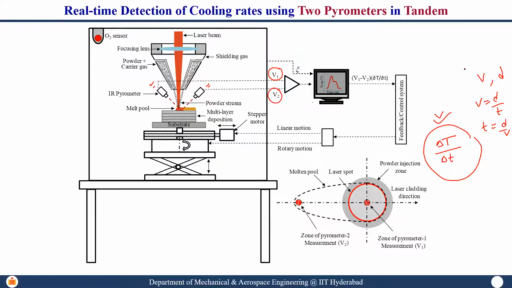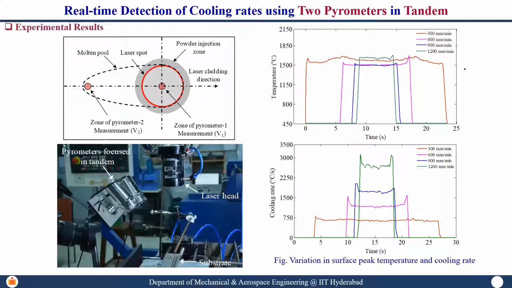Now let us see whether whatever I said is true or false. These are the parameters, 300 mm per minute to 1200 mm per minute. We tried to monitor the peak temperature, and you see the peak temperature is more or less constant in all these cases. And what is the line energy? Line energy is laser power divided by scan speed.